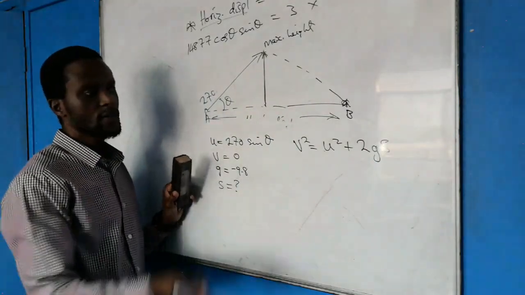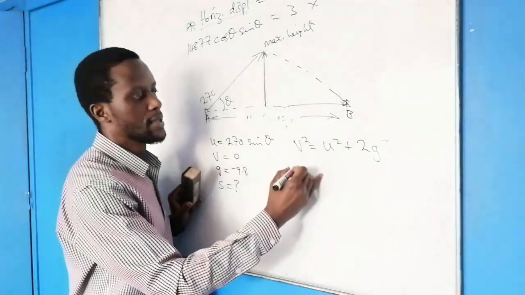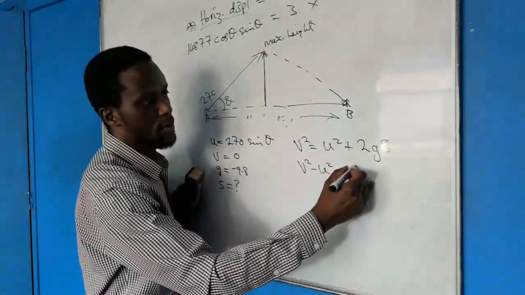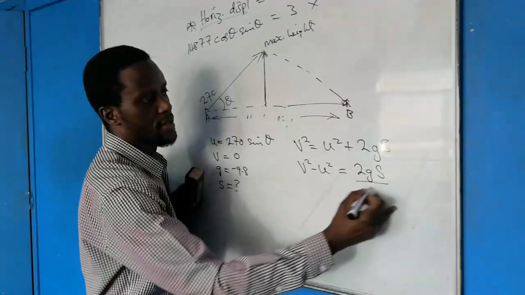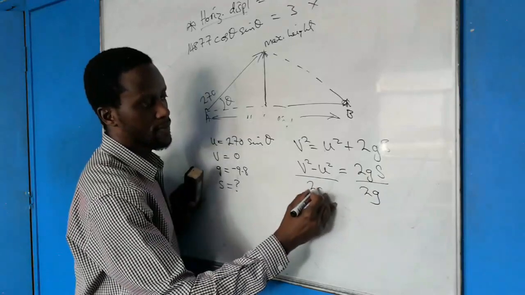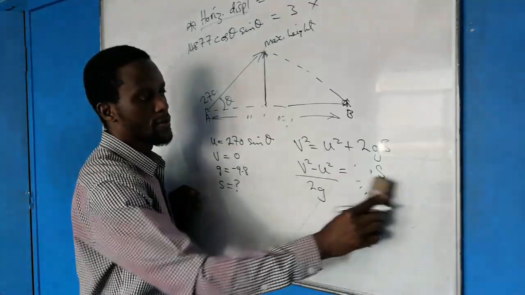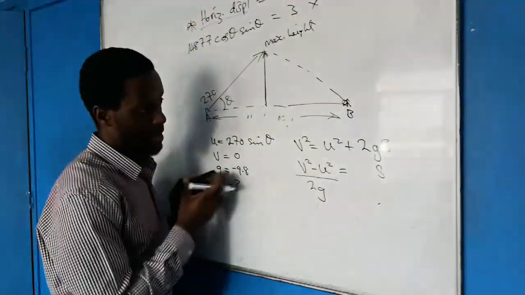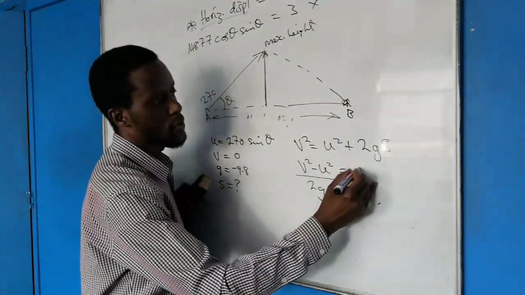V squared is equal to U squared plus 2 gravity, your displacement. Then you change the subject of the formula. V squared minus U squared is equal to 2 gravity S. We divide by 2 and gravity. These 2 will cancel out. Then we remain with V squared minus U squared.